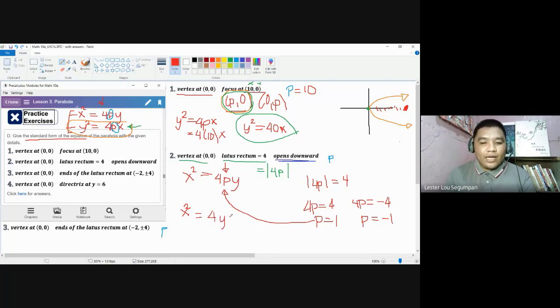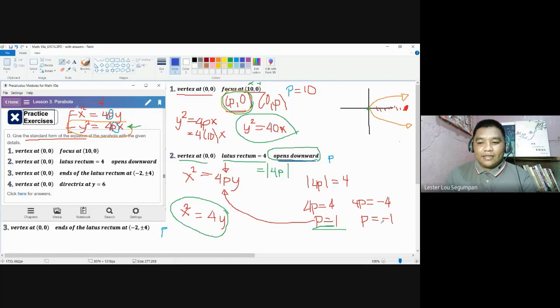If you analyze this form, the coefficient here is positive. So when you graph this, it should open upwards. But we are already given here that it should open downward. The hint here is if it opens downward, we are sure that the coefficient should be a negative value. That's why we don't use this, but rather we use the value negative 1.